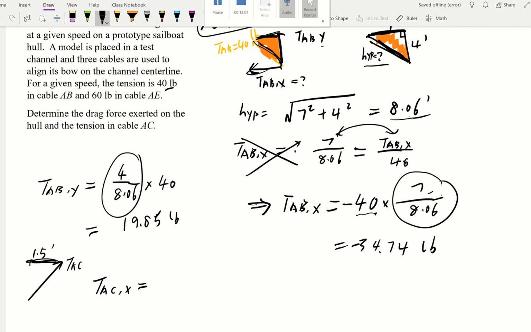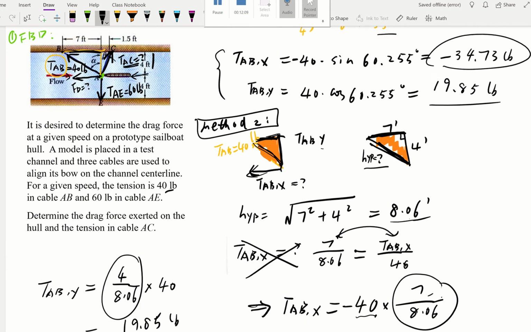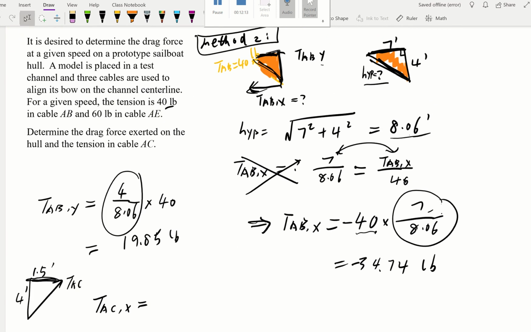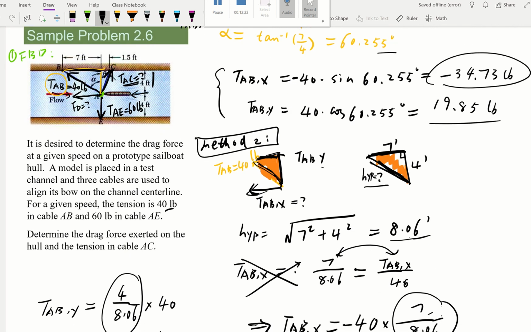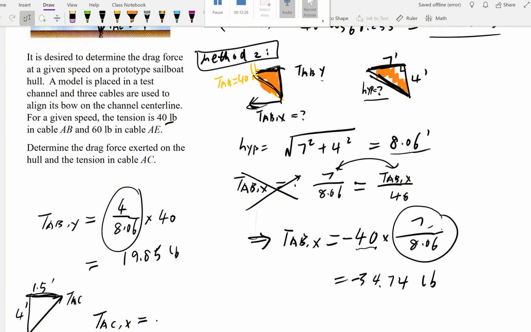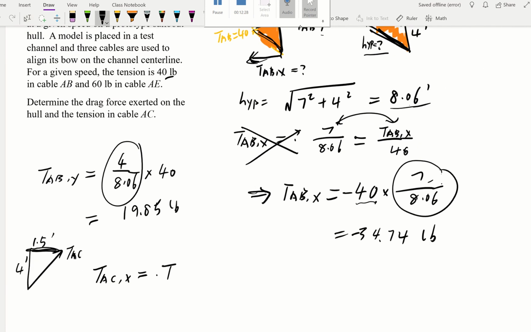And we know this is 4 foot, right? So using that similar triangle we just discussed, we can figure it out. TAC x component. TAC is unknown. We're actually solving it. So this will be our TAC. We're going to figure out the fraction on the x component.